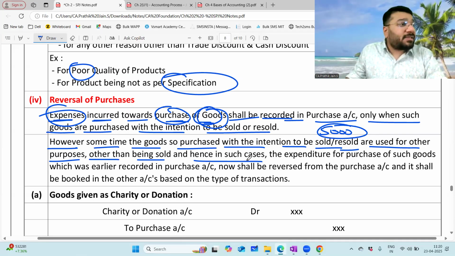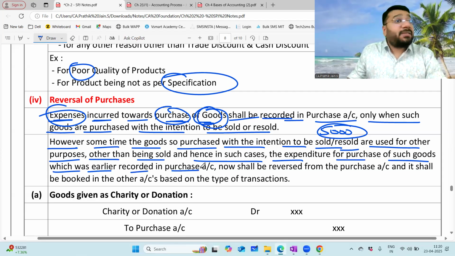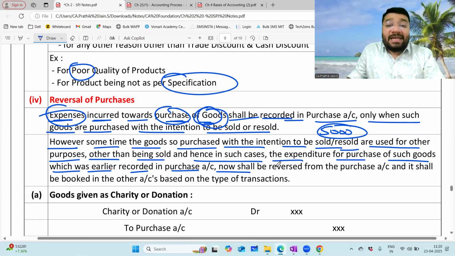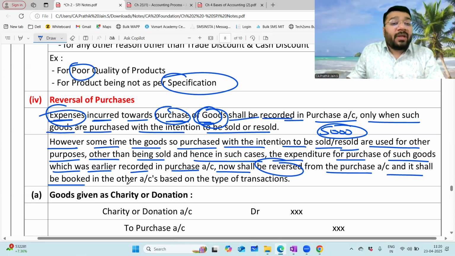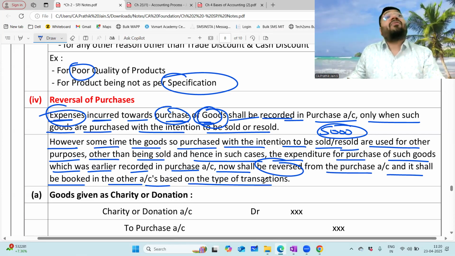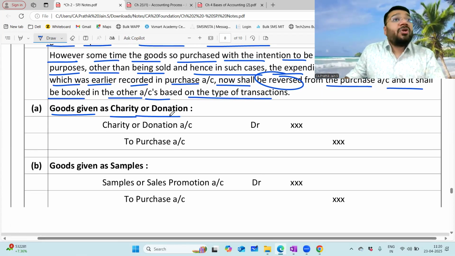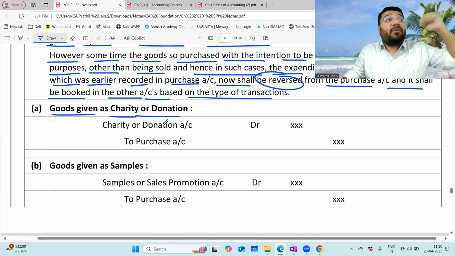Hence, in such cases, the expenditure for the purchase of such goods, which was earlier recorded in the purchase account, that 5,000, now shall be reversed from the purchase account and it shall be booked or transferred to other accounts based on the type of transaction that you encounter. Are you able to follow? So now what are the different examples? Sir, goods given as charity. So that 5,000 at the time of purchase was recorded where?